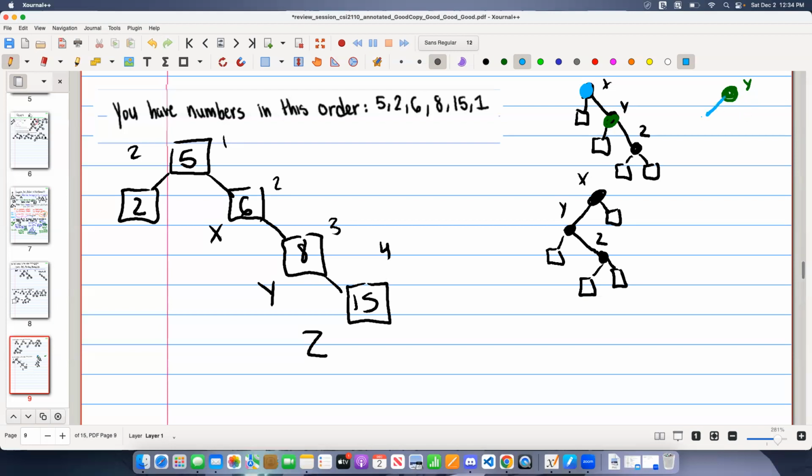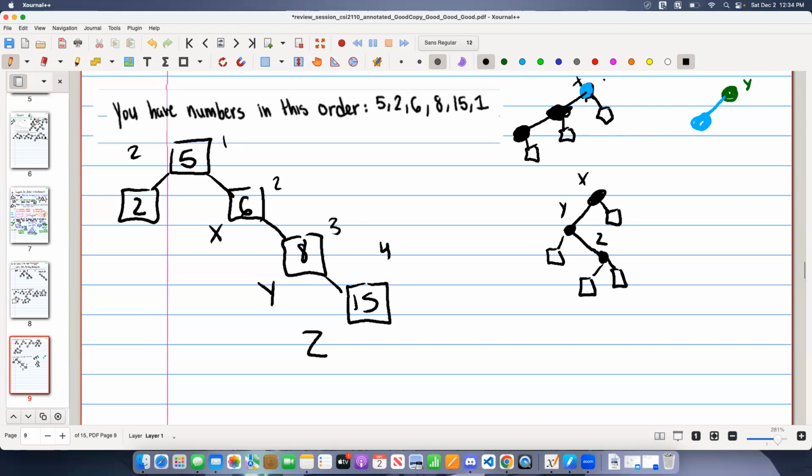X has to be on this side, I'm pretty sure, and then Y has to be that. Okay, let me just do another example, another way. Right here. Perfect. Yeah, that's the way I learned it. Either way, it works. You just have to change your focus.